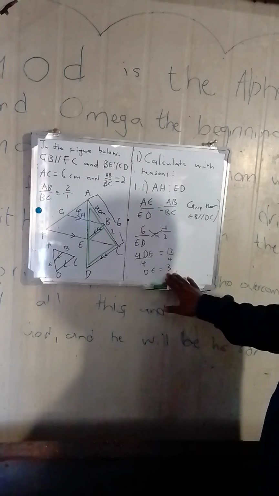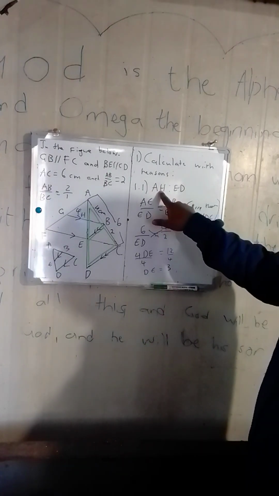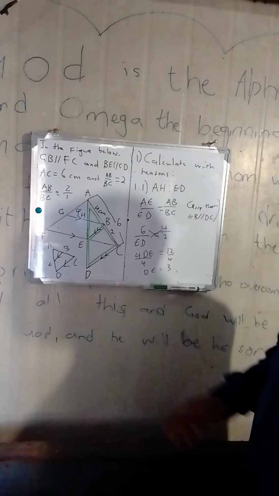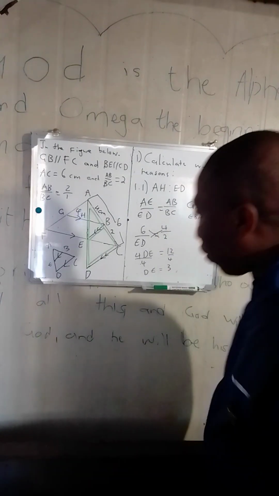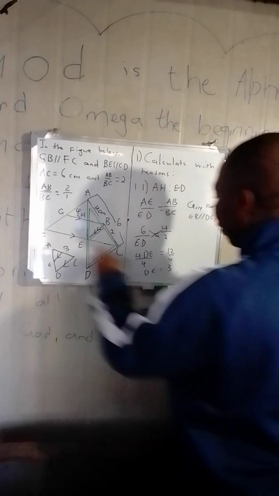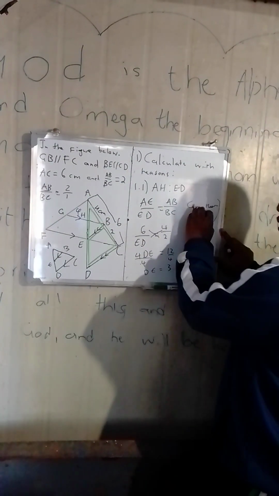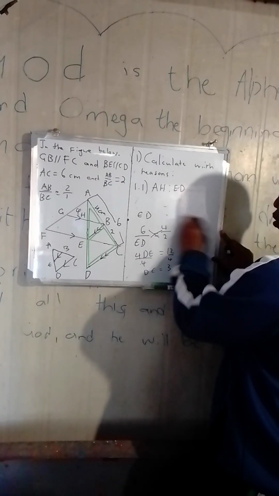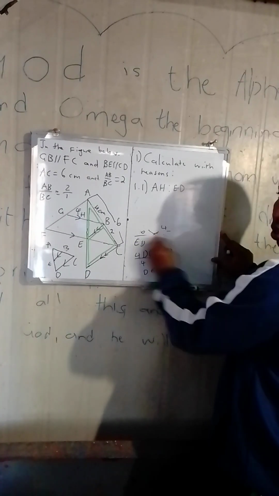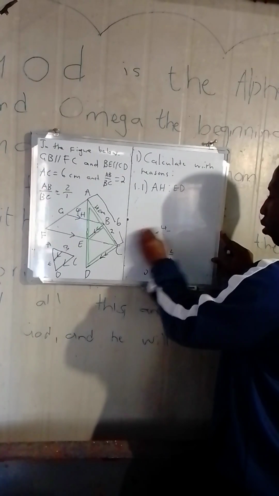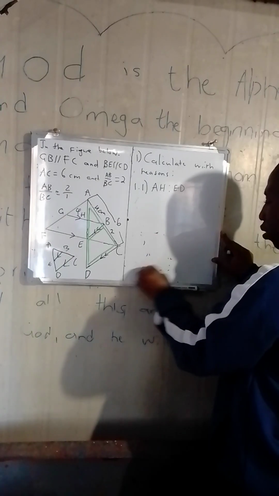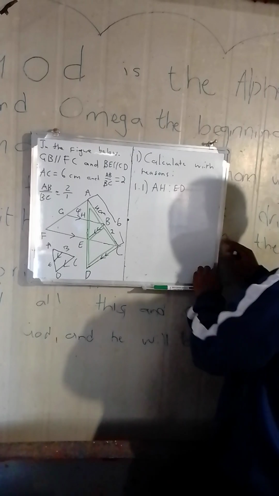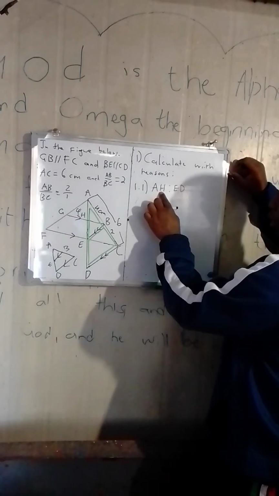So I found AH, and now I found ED, so I can state the ratio. The final answer: if DE is 3, then AH is 4.